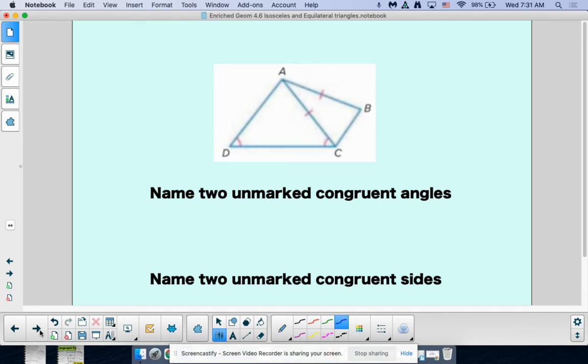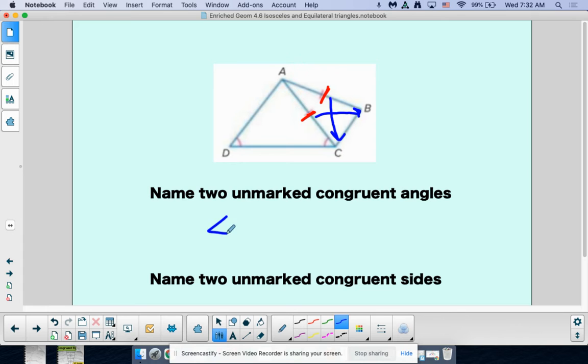Name two unmarked congruent angles. So we're going to use those two theorems we just talked about. So we're focusing on this triangle over here, right? I'll erase this. We have these tick marks. So we have two congruent sides, so I know that the angles across from them are equal.